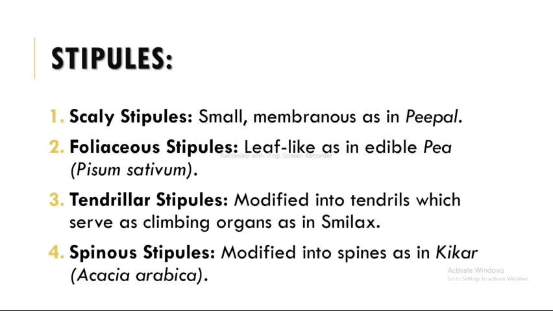These are modified into tendrils, which serve as climbing organs, as in Smilax. The fourth type is the spinous stipules, which are modified into spines, as in kikar, or kikar is also known as Acacia arabica.